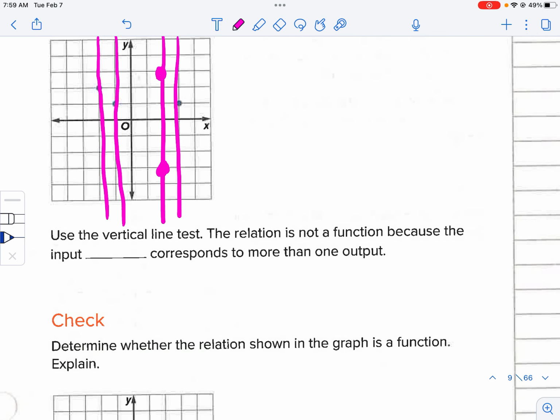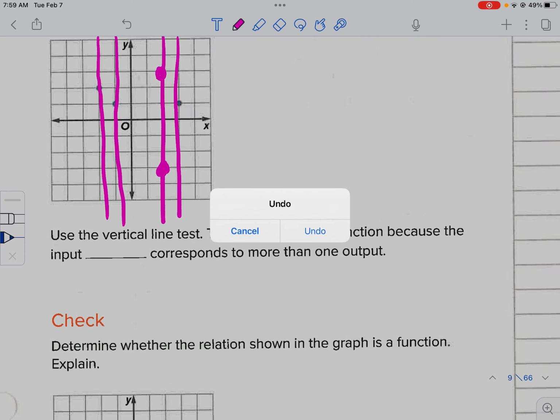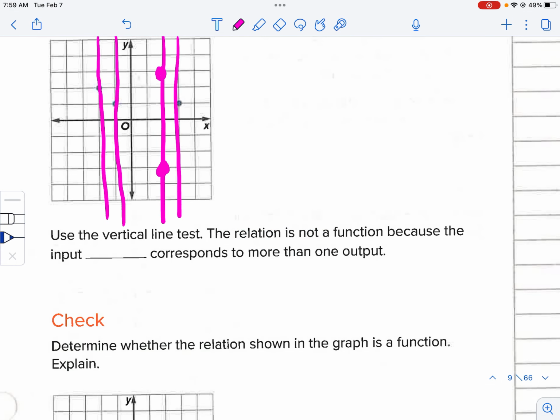The relation is not a function because the input does correspond to more than one output.